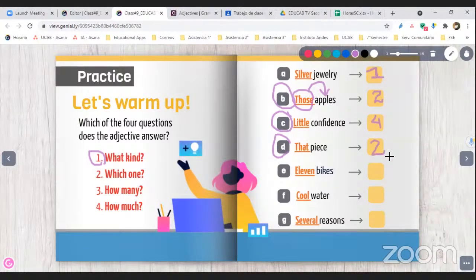Okay, let's see. Maybe Esteban. Esteban, can you help us with letter E? 11 bytes. Can you tell me which question do you think the adjective is answering? Let's see.